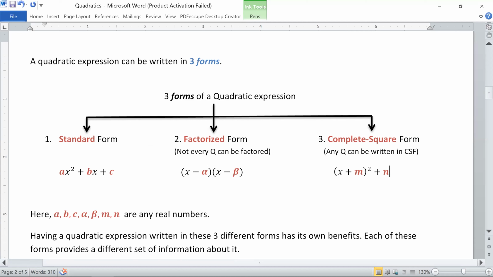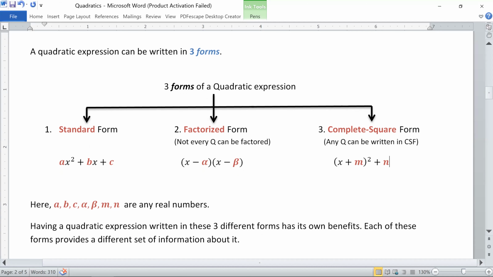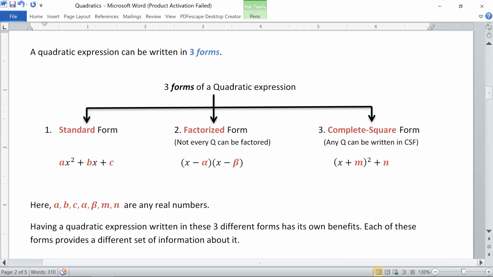Can you copy this? Before you copy that, this last sentence I have written here. With numbers, we never learned it as a strategy. When you have a number, it's useful to write it in factorized form, and it is also useful to write it in the complete square form.